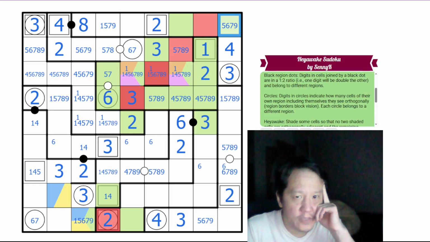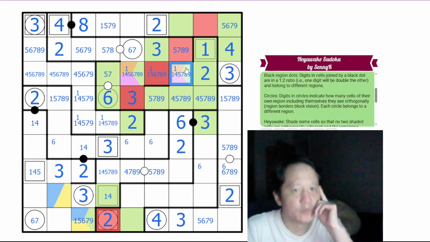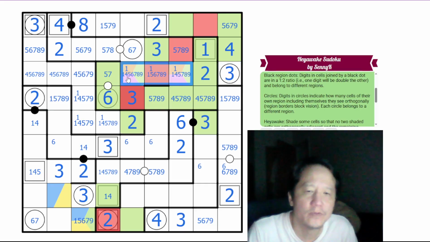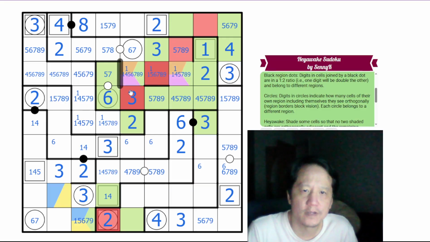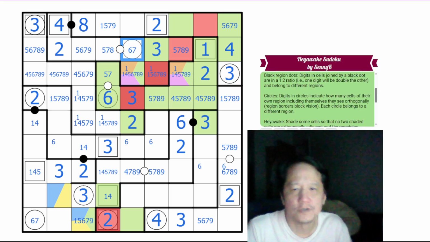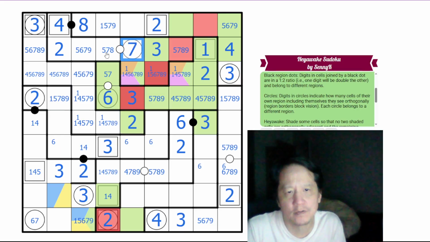We know that's for certain. That's the orthogonally connect. That's where we don't know. So if it goes this way, then this would have to be 7, which makes that 8.